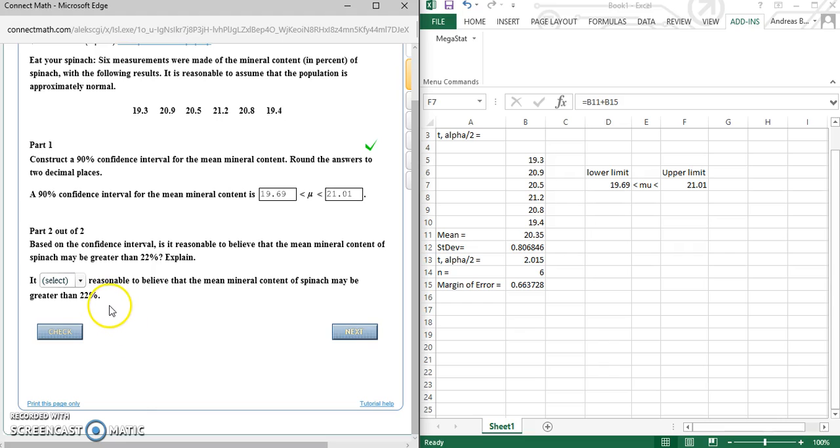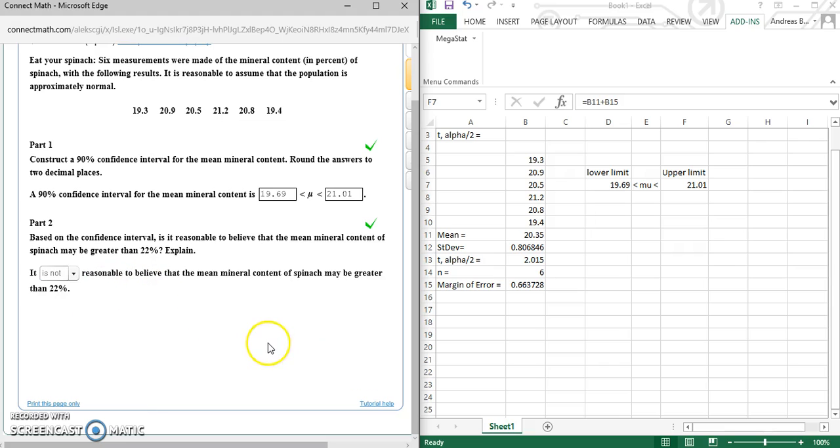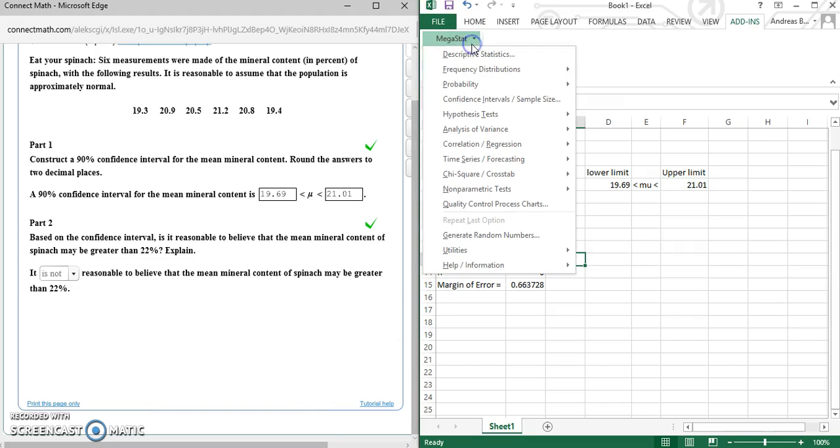These are both percents as well. So it is not reasonable that it's in there because we think our population mean is within these two. So it is not reasonable to believe that the mean mineral content of spinach may be greater than 22%.